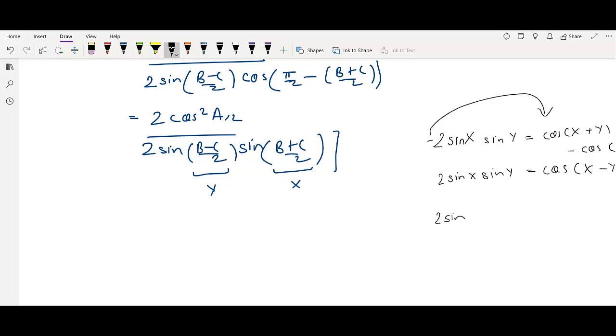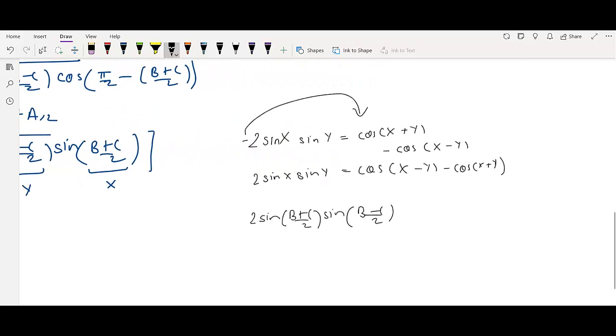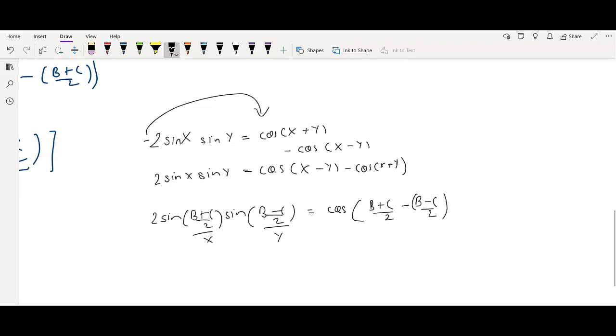I get 2 sine b plus c by 2 sine b minus c by 2 as cos of x minus y, cos of, this is x, this is y, b plus c by 2 minus b minus c by 2, minus cos of x plus y, x is b plus c by 2 plus b minus c by 2.